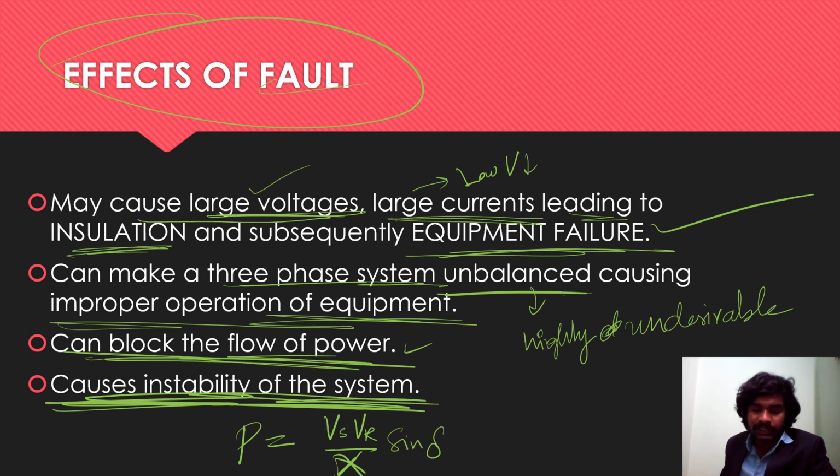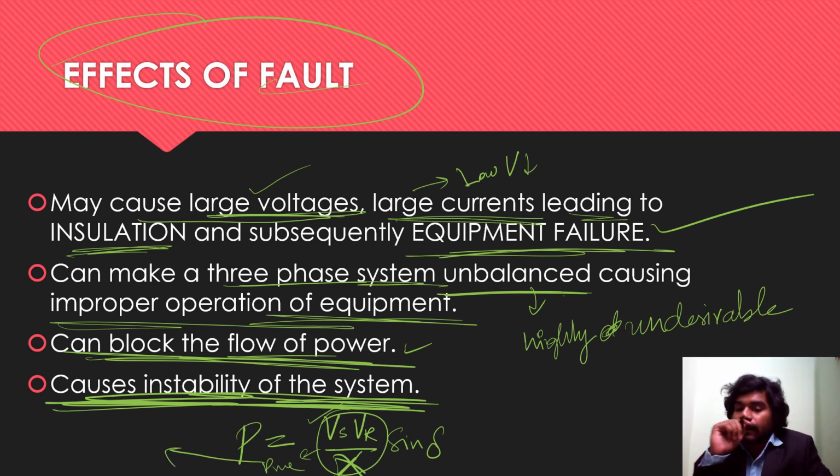You are well aware of this particular equation. Here Vs Vr by X is the maximum power you can transfer, P max, and this maximum power usually remains constant, because the system reactance is constant and the voltages are usually maintained constant.